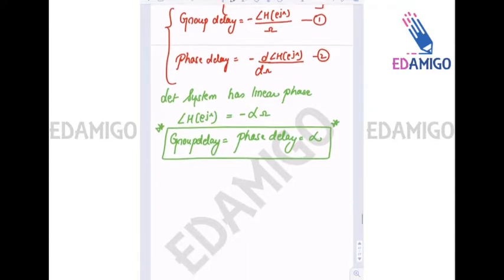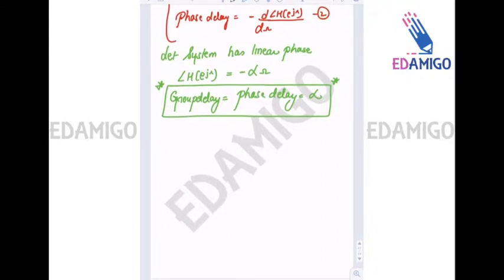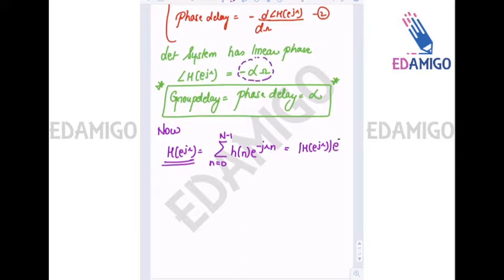Now as we know that H(e^jω) is equal to summation h[n] e to the power minus jωn, n equal to 0 to N minus 1. So writing this as magnitude and keeping the phase as minus alpha into ω, so e to the power minus jαω.